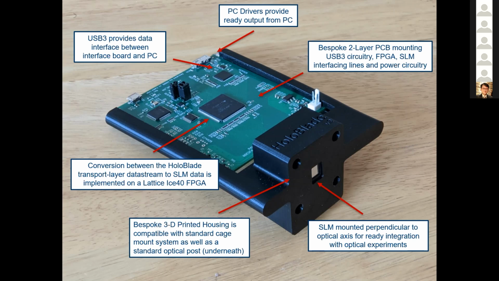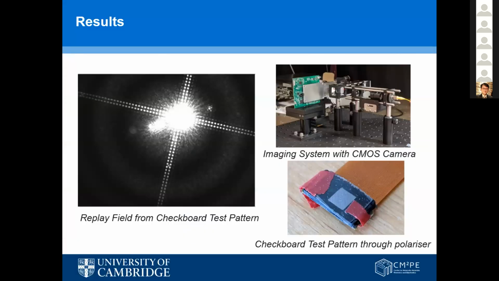Right, now, moving on to results. What you can see on the left is a custom optical system that has been built up around the SLM, and you can see clear diffraction effects. This is a standard 4F imaging system.